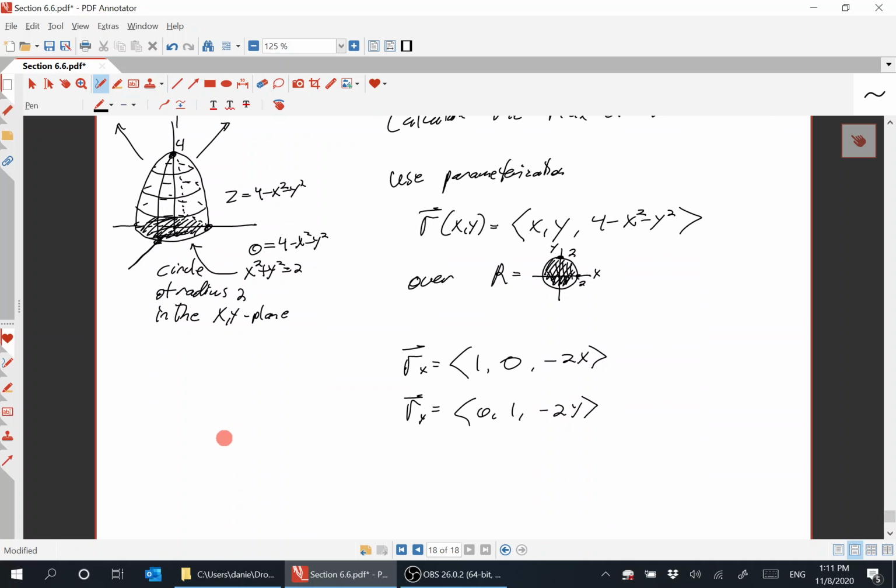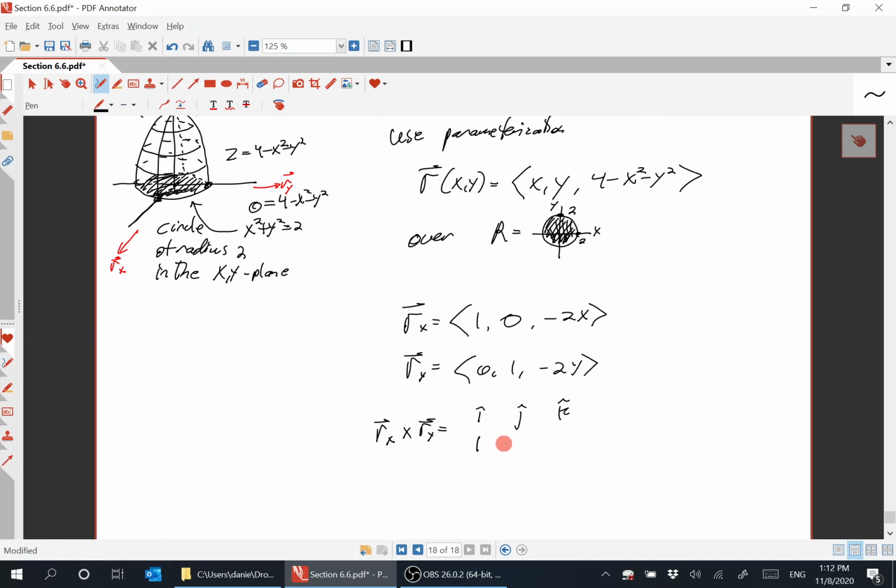Which cross product do we want? Right? Rx is in this direction, Ry is in that direction. So Rx cross Ry is the cross product that we want, because that's the one that points up. It is therefore equal to the determinant of i, j, k; 1, 0, minus 2x; 0, 1, minus 2y.